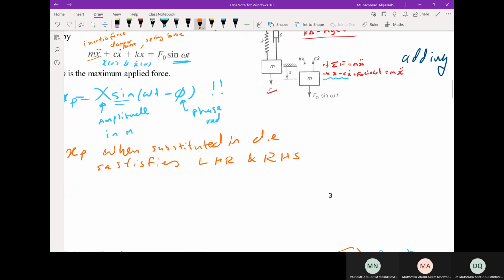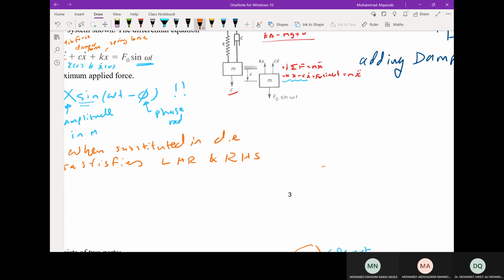So if you represent those vectors, this is vector x, perpendicular to this one is x dot.